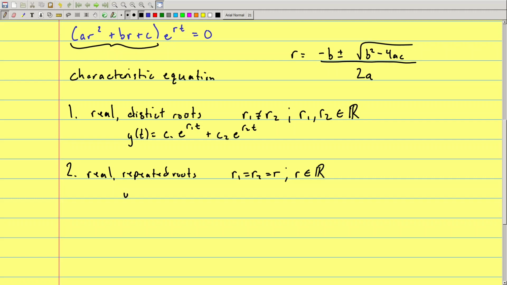This tells us that the solutions are going to be a linear combination of these two functions, e to the rt and t e to the rt. We showed the origin of this t by using the method of reduction of order when we covered this section.